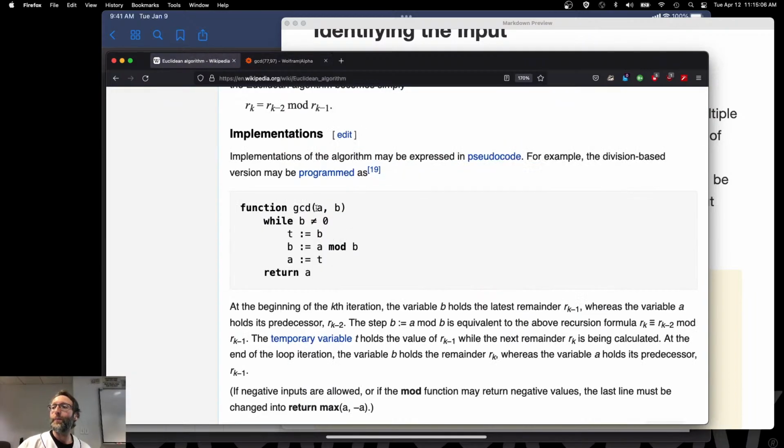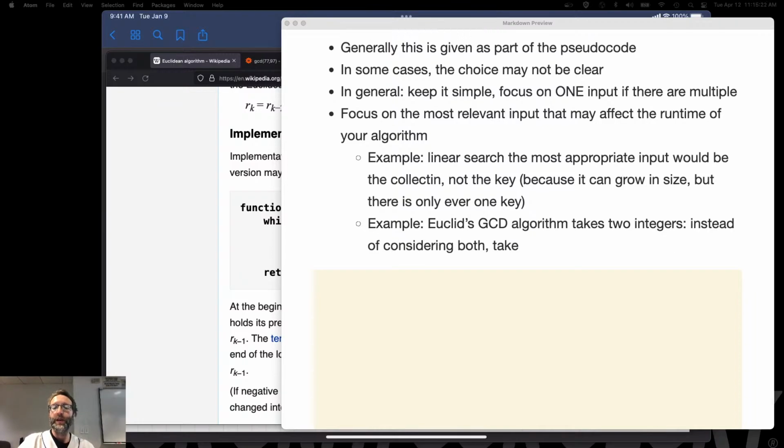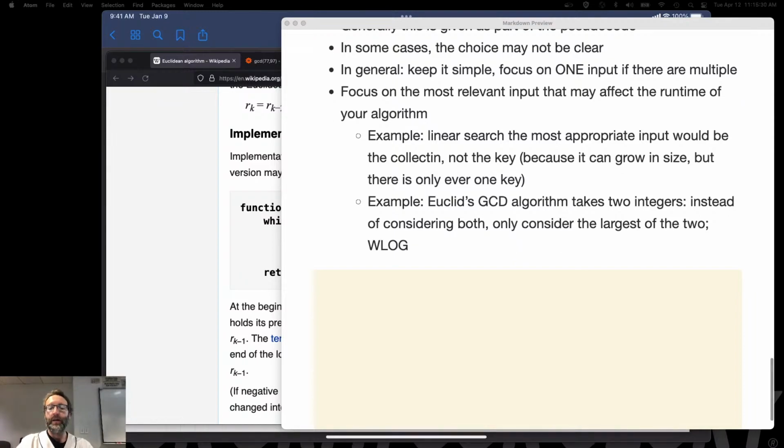So what are the two inputs here? A and B, numbers. Euclid's GCD algorithm takes two integers. How can we simplify that? Instead of considering both, only consider the largest of the two. In other words, here's a mathy thing: WLOG.